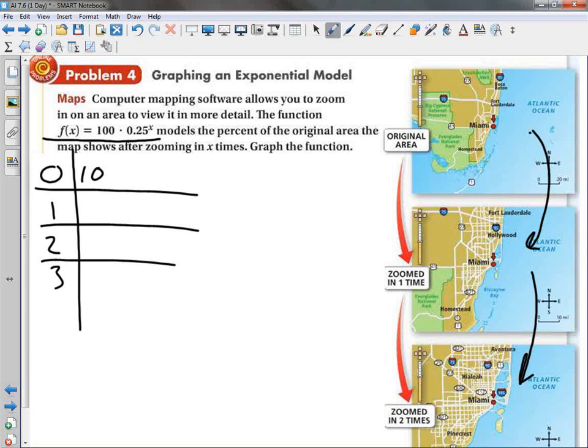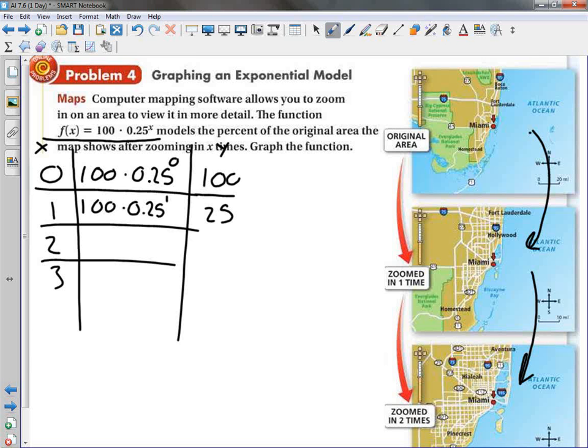So I'm going to have 100 times 0.25 to the 0 power. That is going to give us 100 for our y. So we have our x's and our y's here. If I plug in 1, I get 100 times 0.25 to the 1st power, which is going to give us 25.